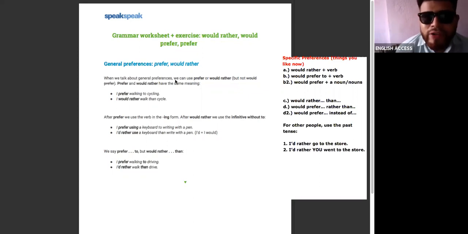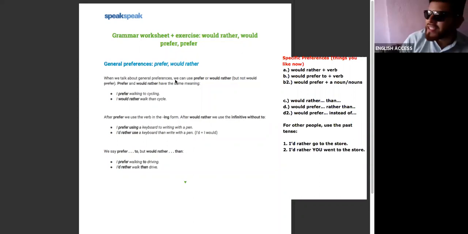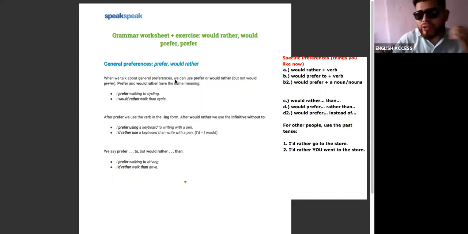I prefer walking to cycling. I would rather walk than cycle. Okay? So this is just talking about generalizations, things in general. We're not talking about things you want at the moment. We're just talking about in general.